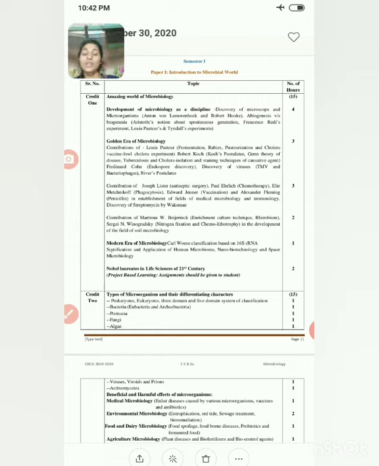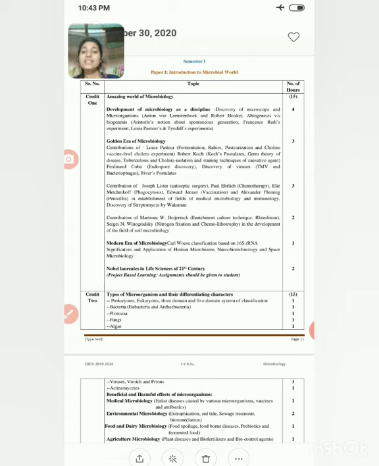And during this development, the golden era of microbiology came to an end, and further, the modern era of microbiology came into existence. Why is it known as the modern era of microbiology? Because in this era we actually used different technologies for the study of microorganisms, their activities and their characteristics.